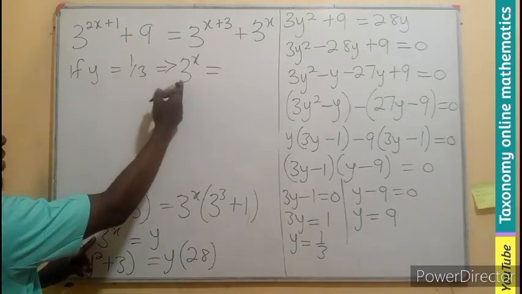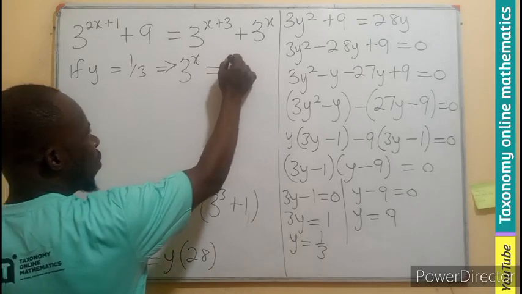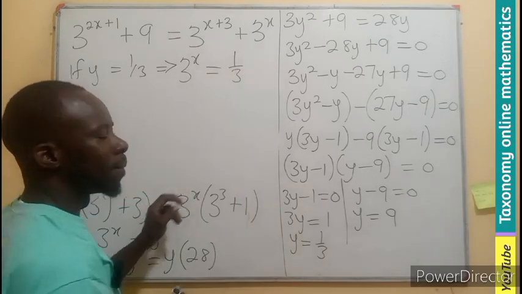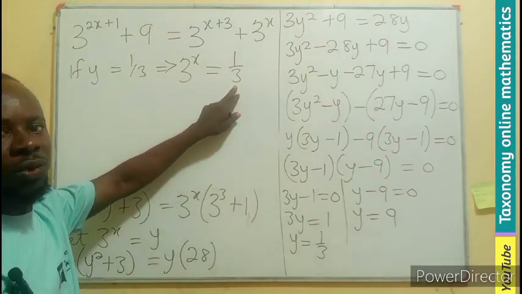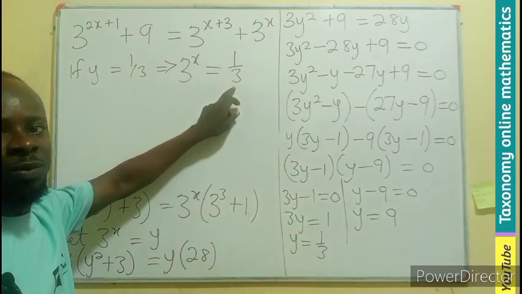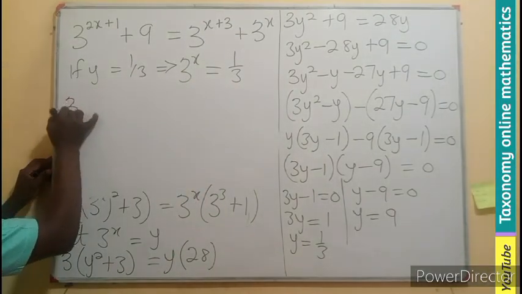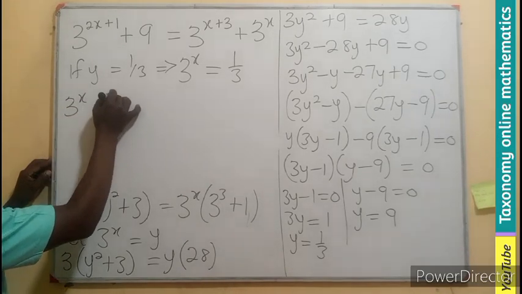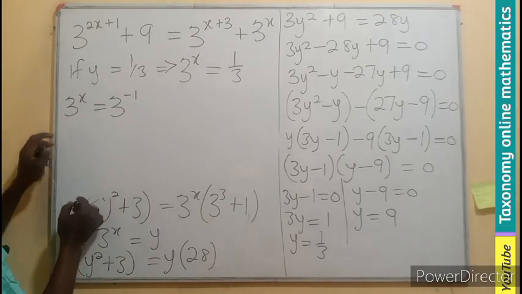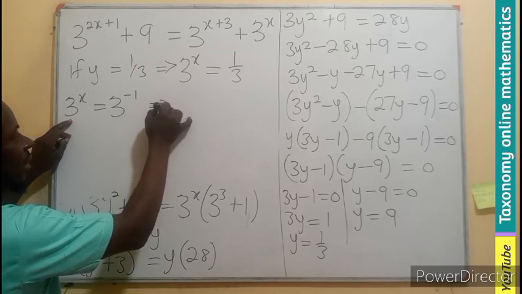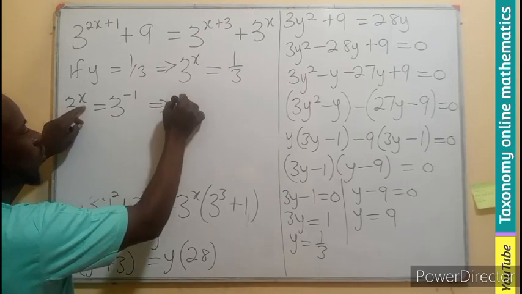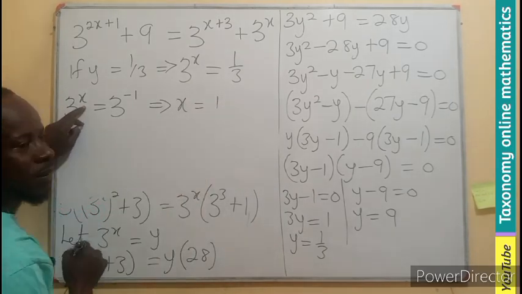So y is the same as this. Then that must equal 1 on 3. And the indices, we know this will also become a negative exponent. So this will give us 3 exponent x equals 3 exponent negative 1. That implies that the bases are the same. So your x will be negative 1.